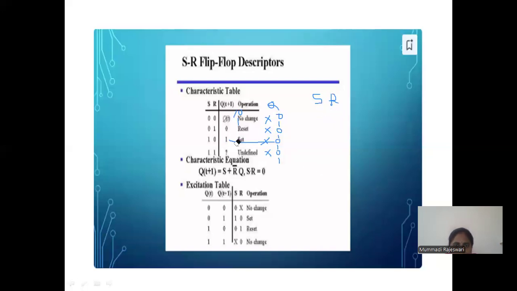Next, see the next condition, that is Qn is 1 and Qn plus 1 is 0. Here this one is Qn and this one is Qn plus 1, that is 1, 0.